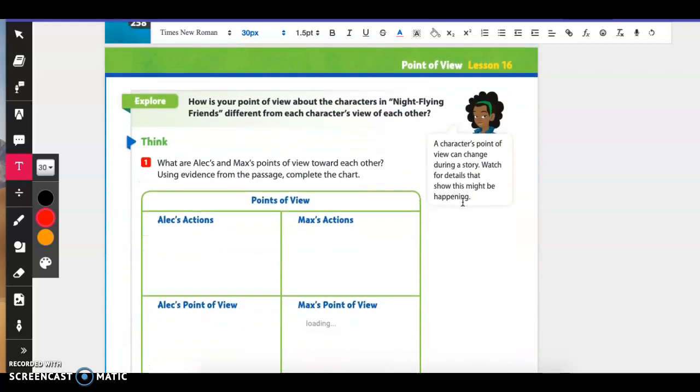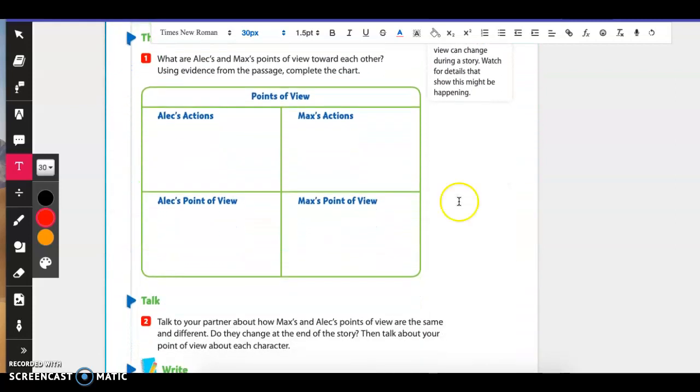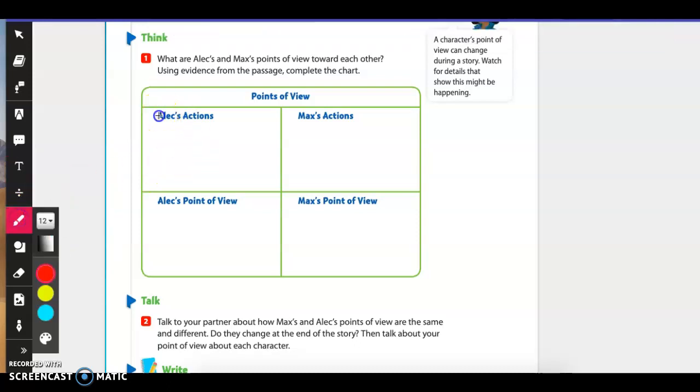So you need to go ahead and pause your video and read that now, and then you're going to do this point of view chart exactly like we did the one before together, except you're going to be looking at Alex's actions. So how does Alex feel?